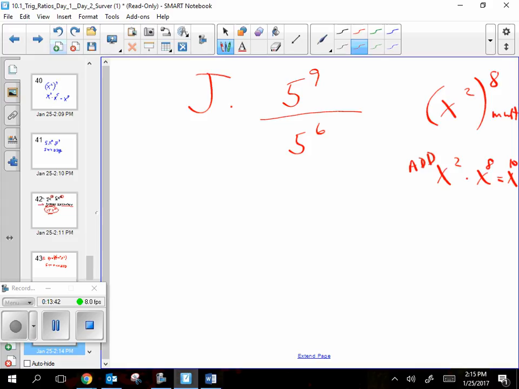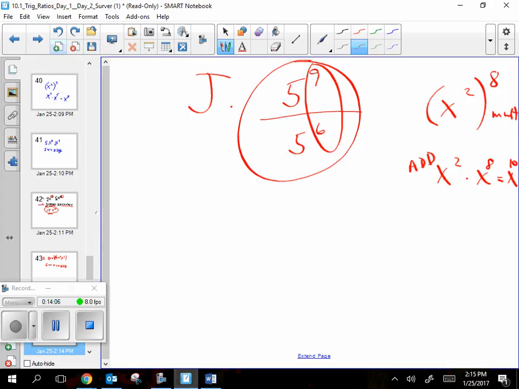Well, they're the only things that are left. We've already done multiply kind. We've already done add kind. What do you think we're going to do to the powers now? Subtract them. It was either subtract or divide. You knew that it was down to those two, right? So this kind, you subtract. What is 9 minus 6?